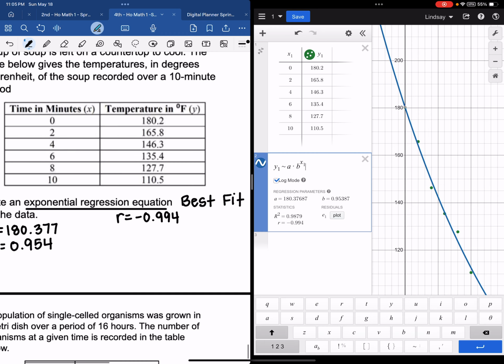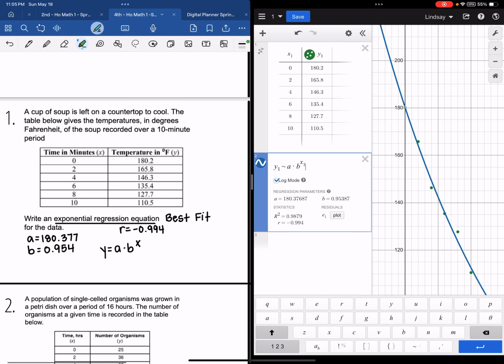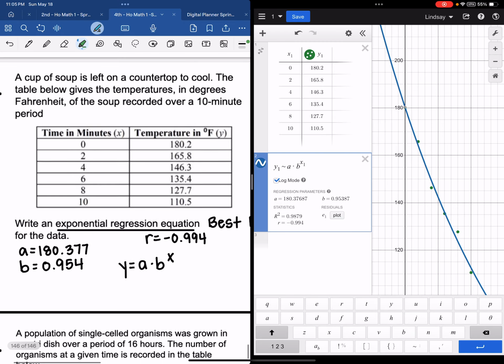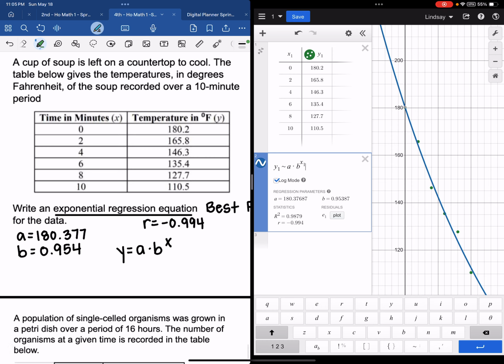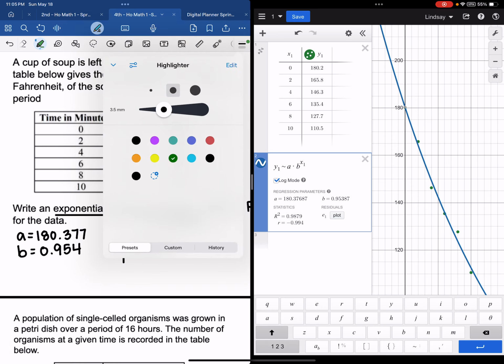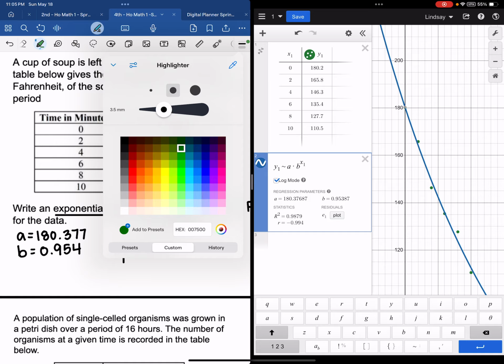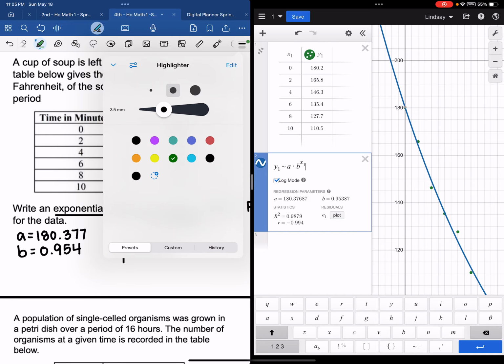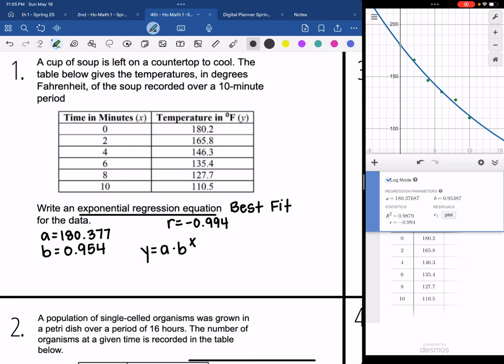But they asked for the exponential regression model. So remember, we're going to type that in, and we're going to say a times b raised to x. So when we're looking at this example, we're going to be substituting in our A value for A and our B value for B. And it's just that simple.